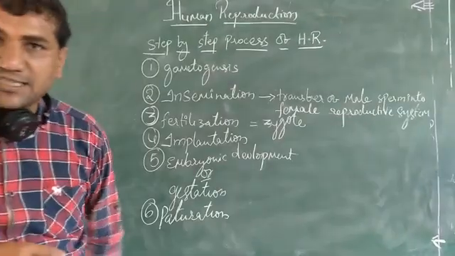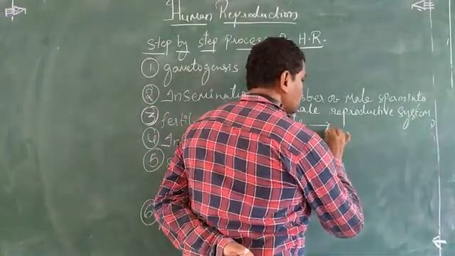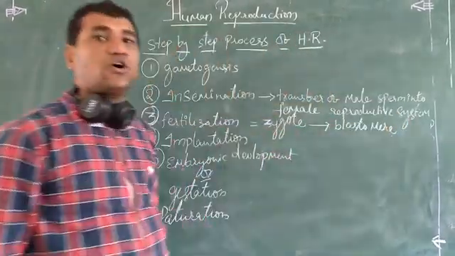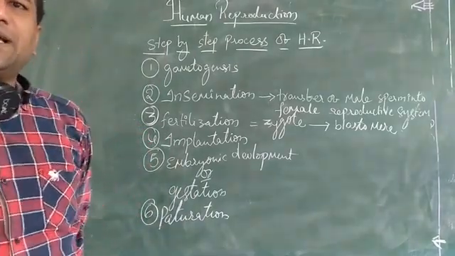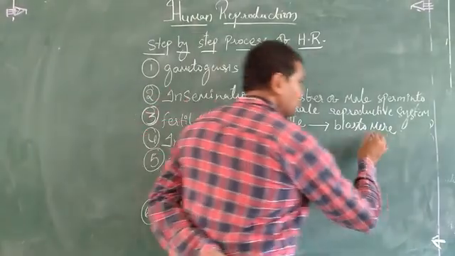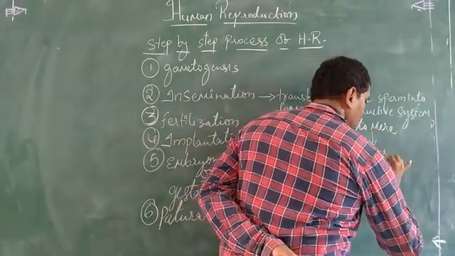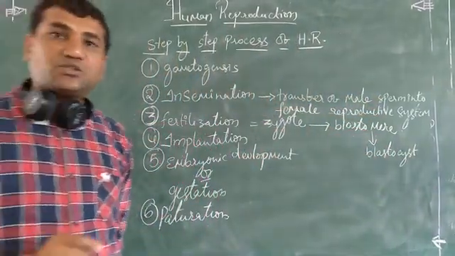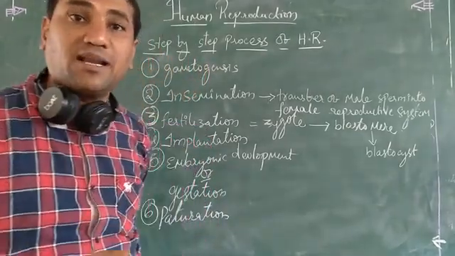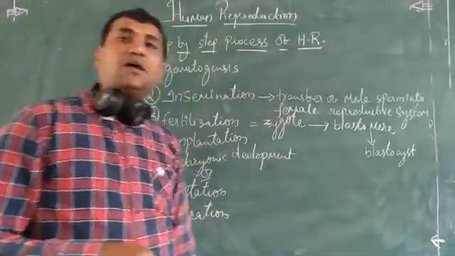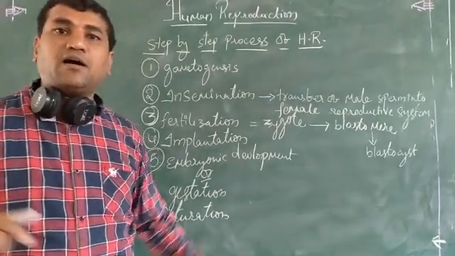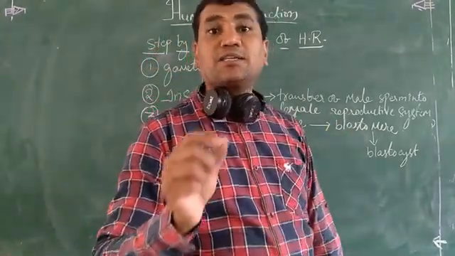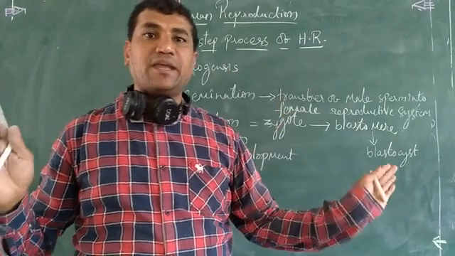to 64 cell stage, called blastomeres. This blastomere later converts into blastocyst. This blastocyst will come in contact with the mother's uterine system and embed into it.